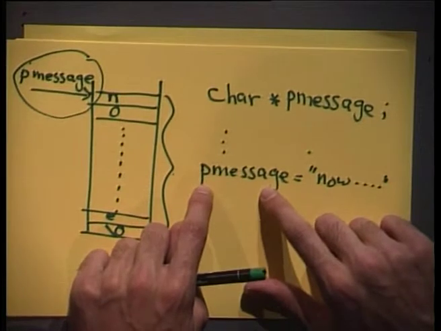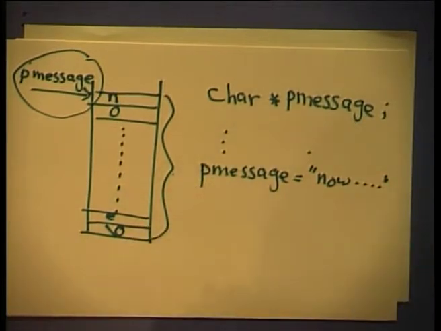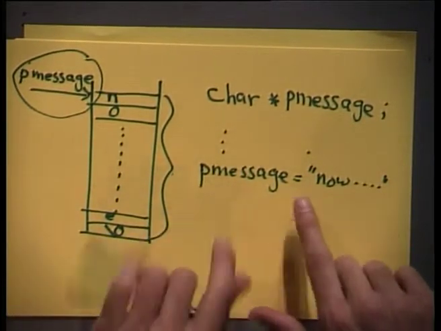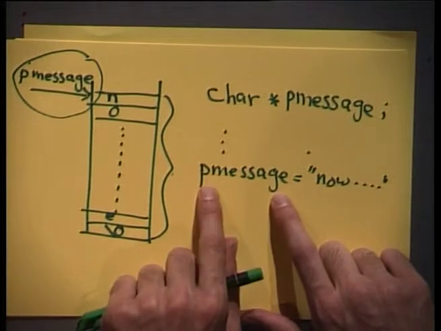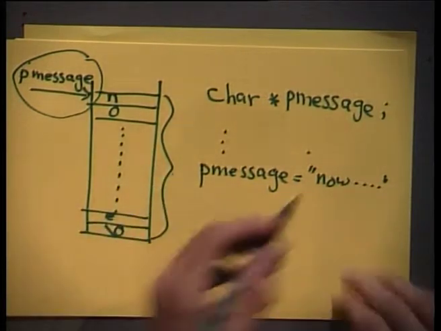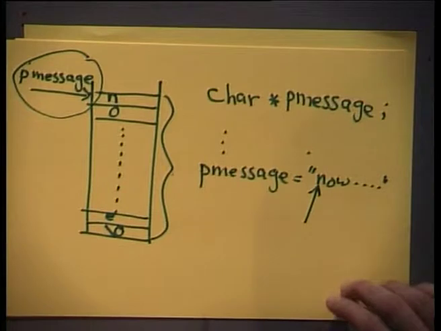What I'm doing in this statement is just assigning to this pointer the address of the first character in this string.